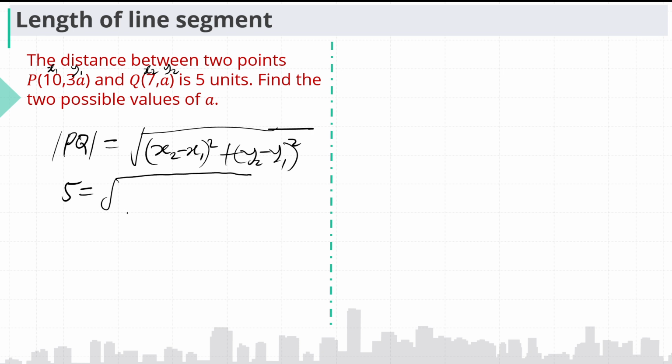Let's substitute. Our S2 is 7, S1 is 10, Y2 is A, Y1 is 3.